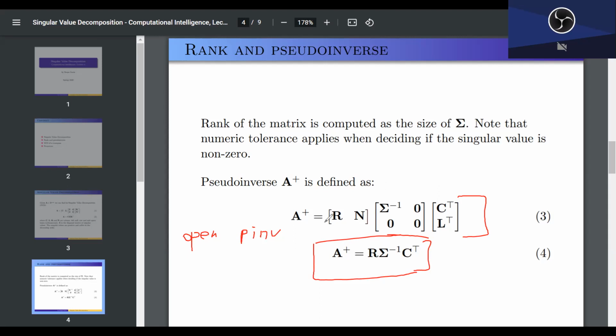Okay. So now we know what a pseudo inverse is in terms of SVD. And remember, there was a formula for pseudo inverse. I'm risking making a mistake again, but I really don't want to make a mistake, but let me try it. I know for sure that it has to be something like this, right?